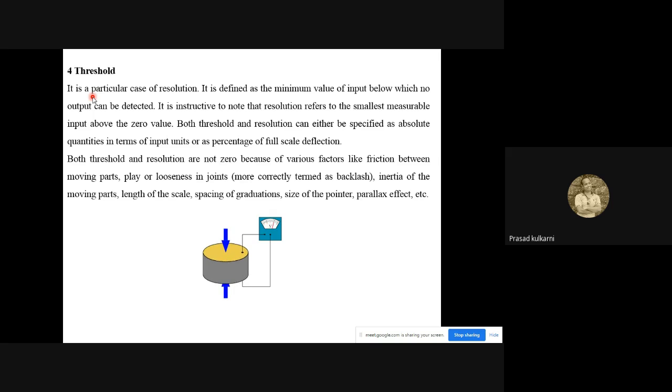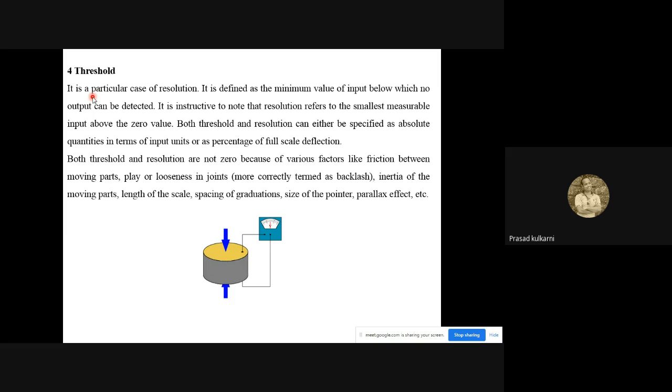Both threshold and resolution are not zero because of various factors like friction between moving parts, play or looseness in joints, inertia of the moving parts, length of the scale, spacing of the graduations, size of pointer, or parallax effect. So because of this, threshold and resolutions are not zero.